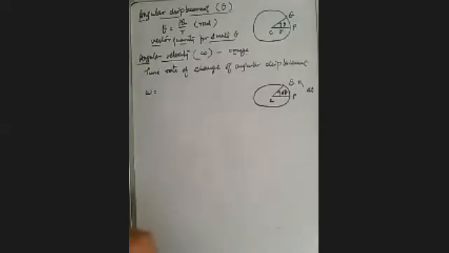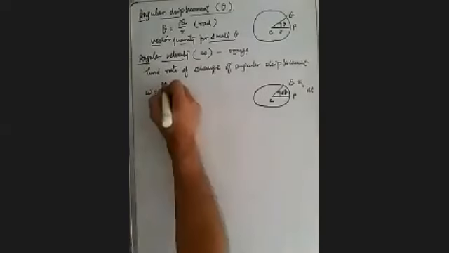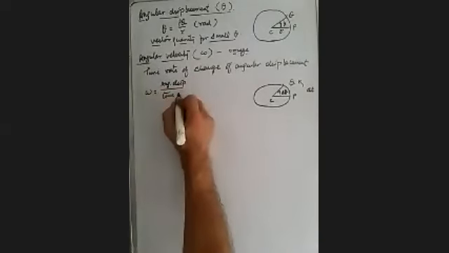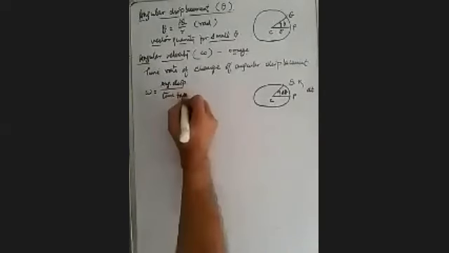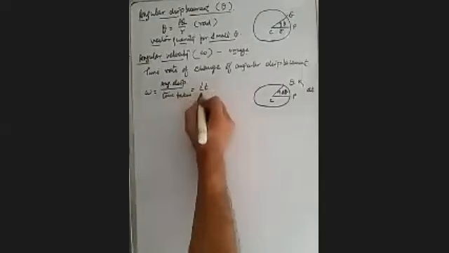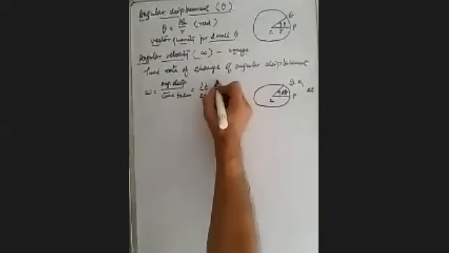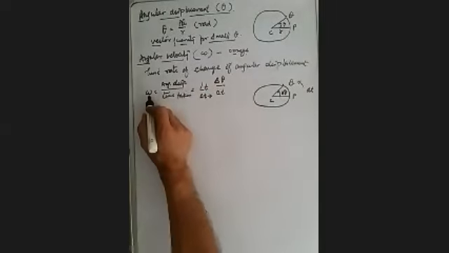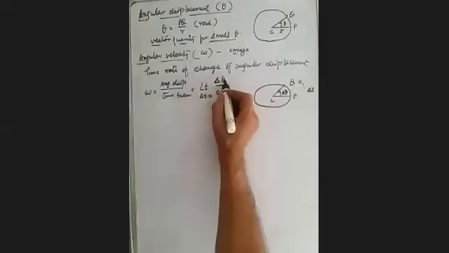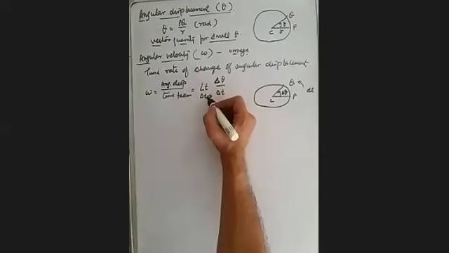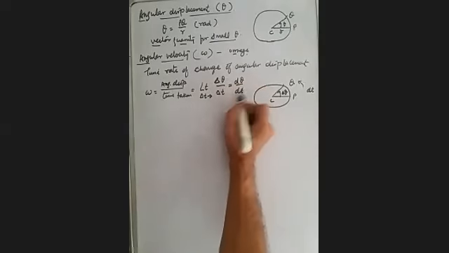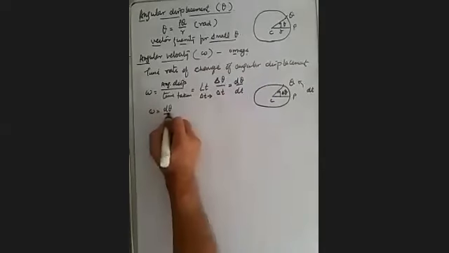And this we write as the limit as delta t approaches 0, because this is the instantaneous value of delta theta by delta t. So omega at any instant of time is the limit of delta theta by delta t as delta t approaches 0, and this is equal to d theta by dt. So omega is equal to d theta by dt.